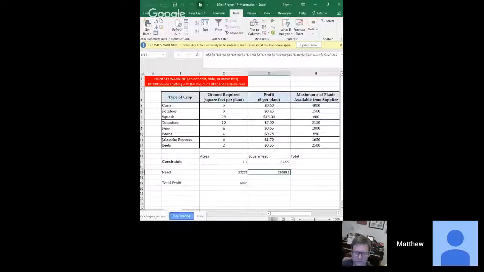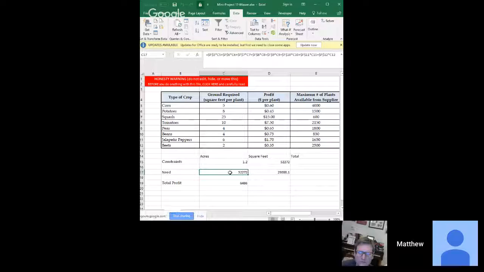Okay. So this is what I have. I've set up my constraints, which is really only the acreage. And then I have the need listed off.